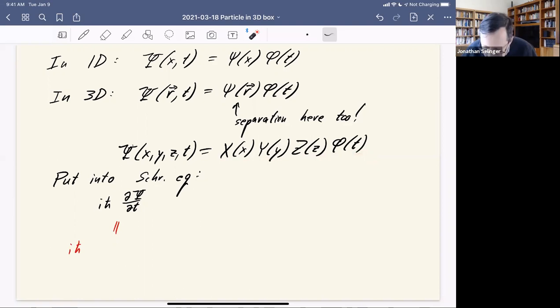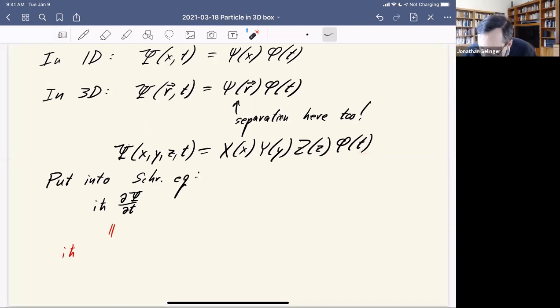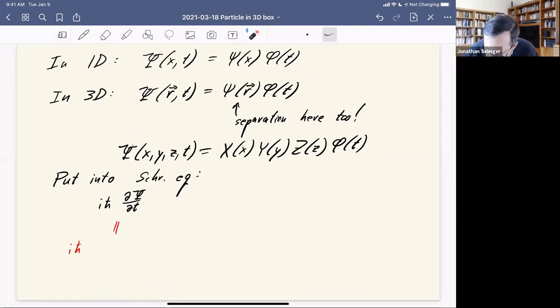So this gives us iħ times big X times big Y times big Z. This is a function of little x, little y, little z. I'm going to leave out these little arguments just to save on writing.